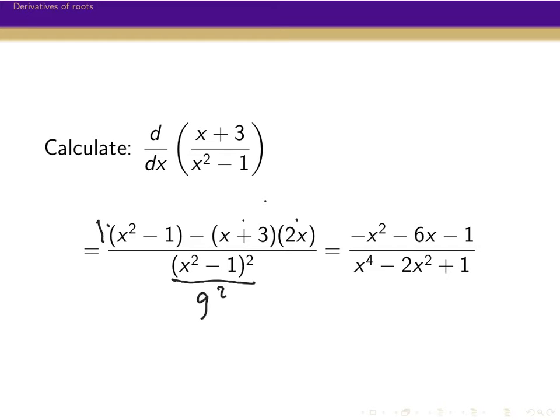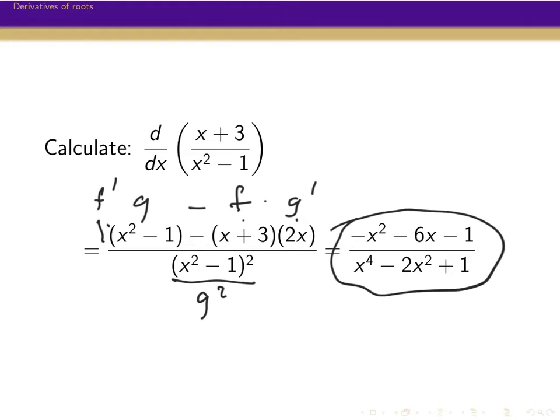So the 1 there, that is f prime g minus f g prime all over g squared. And then if you wanted to go through and simplify this out, this is what you end up with at the end. Again, you don't have to do this. That's just purely for aesthetic reasons. If you need it simplified out or expanded out, that's how you can do it.